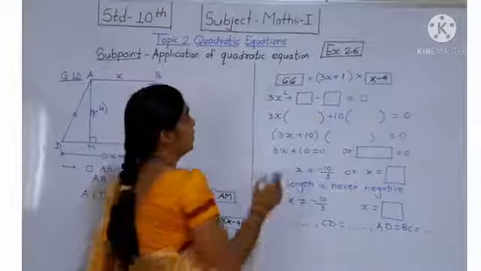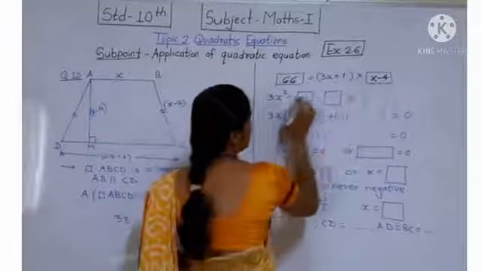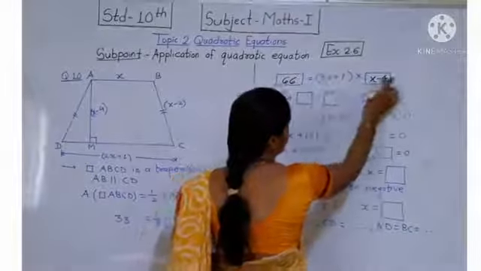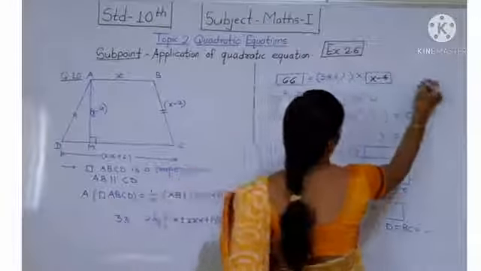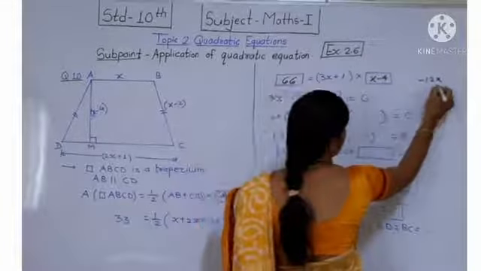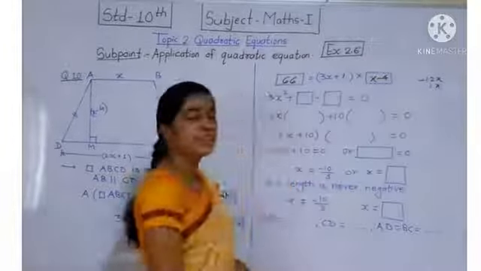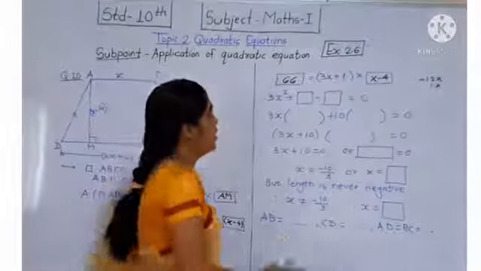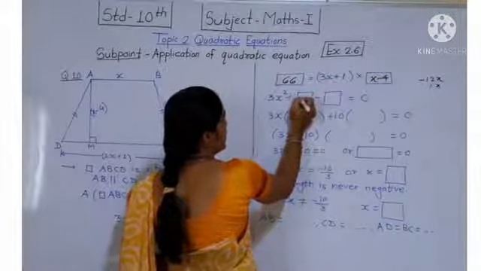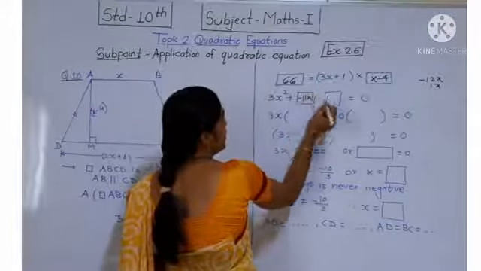So simplify: 3x into x, 3x square. Then 3x into 4, 3 fours are minus 12x. And here 1 into x, 1x, means minus 12x plus 1x, minus 11x. Here it becomes minus 11x.